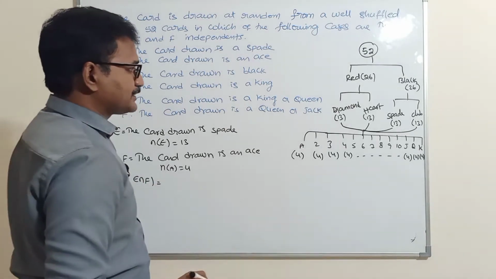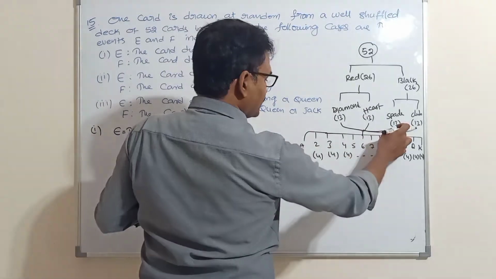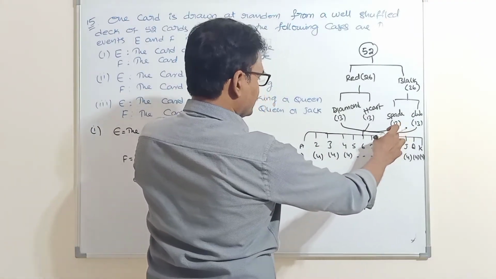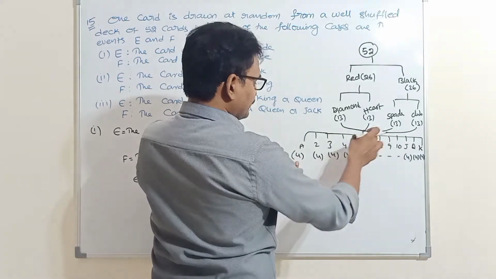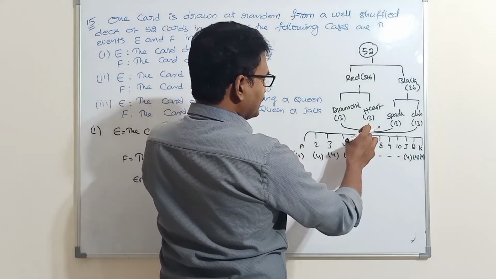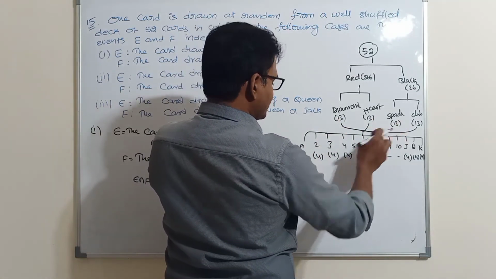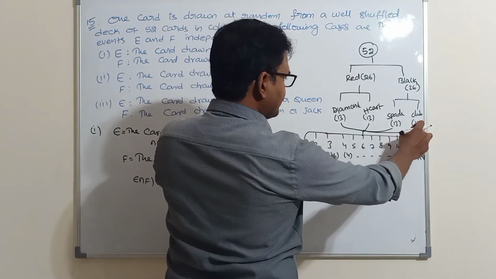So E intersection F. What is E intersection F? Here spade cards are 13, and the number of ace cards are 4. Out of 4 ace cards, one is diamond ace, one is heart ace, one is spade ace, and one is club ace.